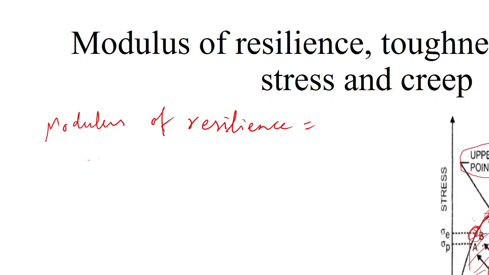So here, if we are taking the area under the curve within the elastic limit, let us take up to this, which we will term as sigma y, the yield stress. And this is the epsilon value. Can you say what is the area under this curve, the area in the shaded part?